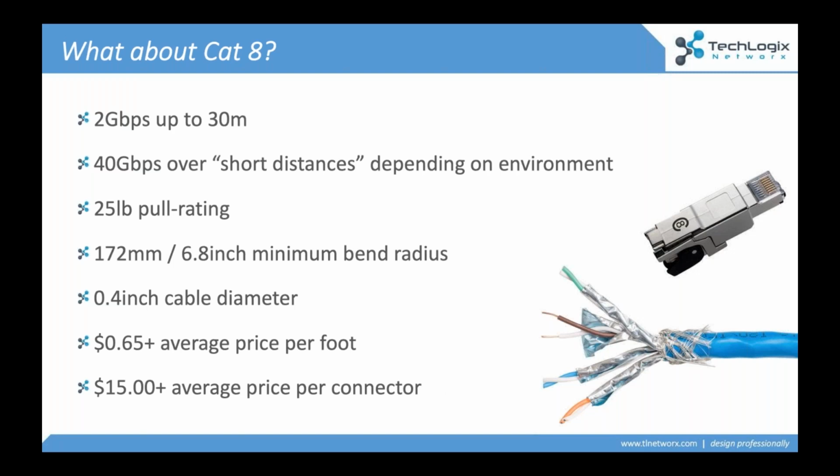The average price per foot of Cat 8 is about 65 cents per foot, and connectors average $15 each. It's a big cable, almost half an inch in diameter, with a large bend radius, a 6.8 inch minimum. This is a real bulky cable here, and you've only got about a 25-pound pull rating.